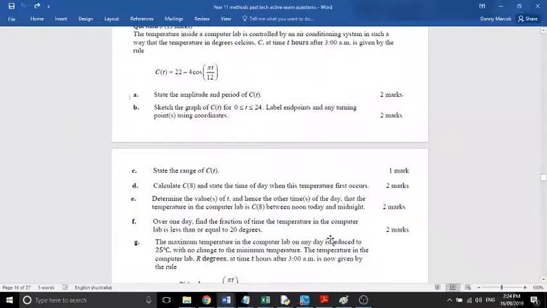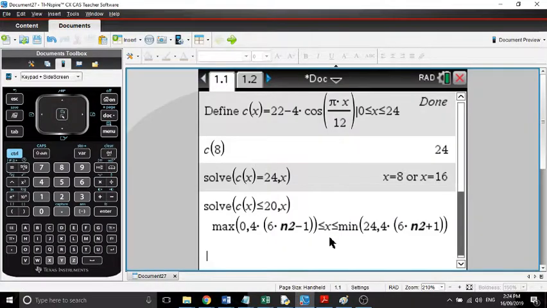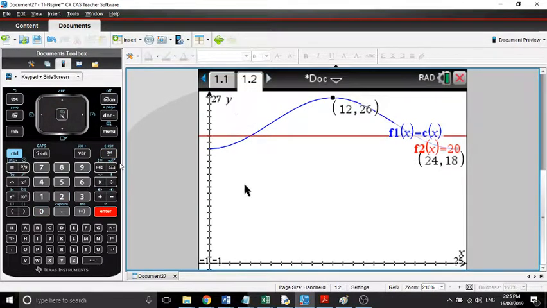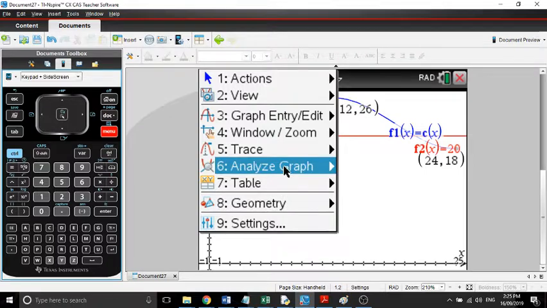We'll go to our graph and instead of 24, we're going to say 20, and see how long it spends below 20.